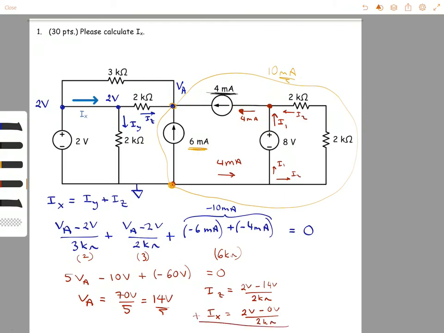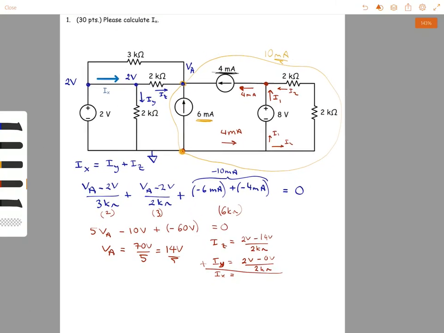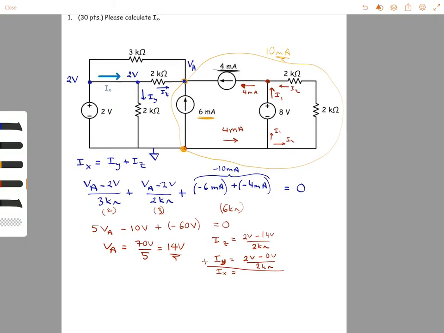And the sum of the two is our Ix. That is equal to minus 12 volts plus 2 volts divided by 2 kilo ohms. That is minus 10 volts over 2 kilo ohms. Ix equals minus 5 milliamps.